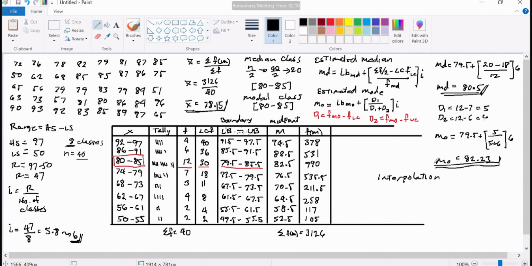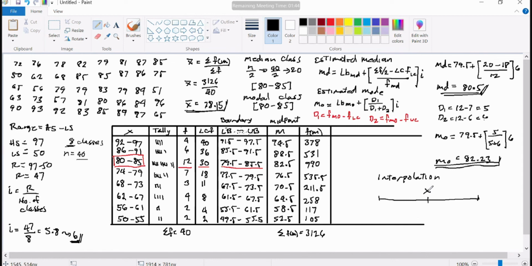You can use this approach to solve for other details like quartile 3 and quartile 1, so that you can get your interquartile range. You can also use this for your percentile. I do not have enough time to discuss this, but I'm just going to show you the visual presentation of it.